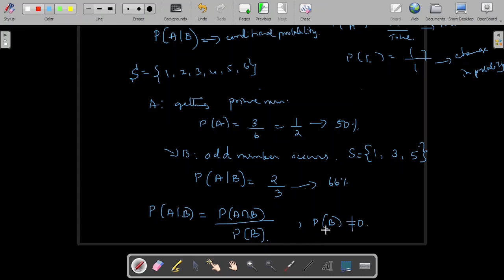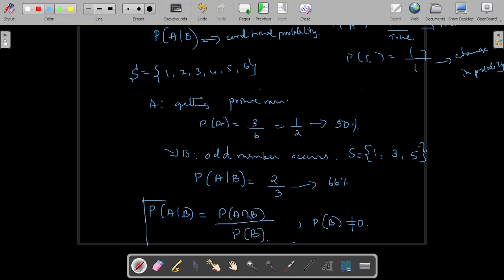So that condition should be mentioned here, P of B not equal to 0, because an impossible event will never occur, and if the event doesn't occur, that will never affect the probability of another event. Here what we are calculating is whether the occurrence of one event will affect the probability of another event. We have seen examples also.